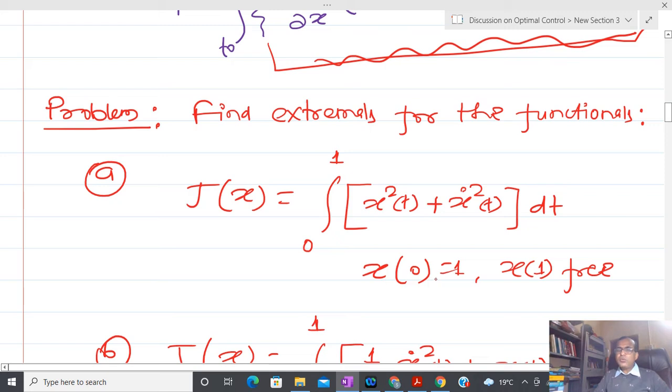Is this known or unknown? Free means I don't know in advance. Okay, so x1 is unknown.